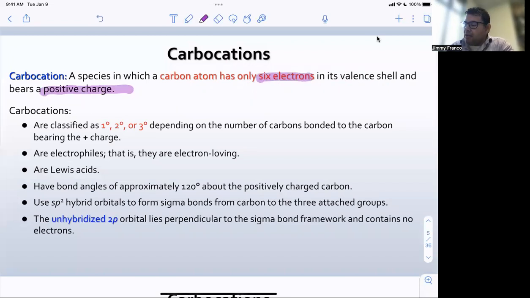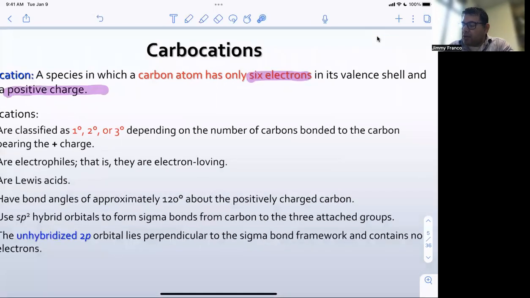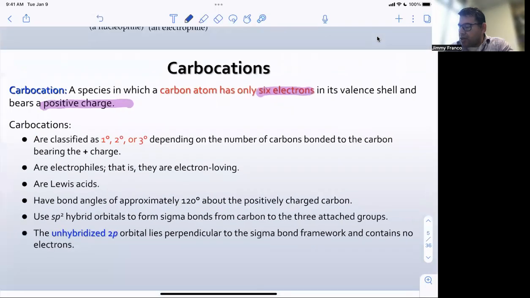We're going to be able to classify that carbocation as a primary, secondary, or tertiary. The way we do that is we just look at the carbon. So let's look at this one.